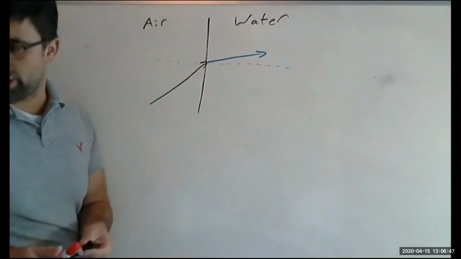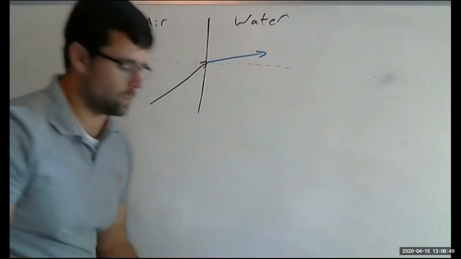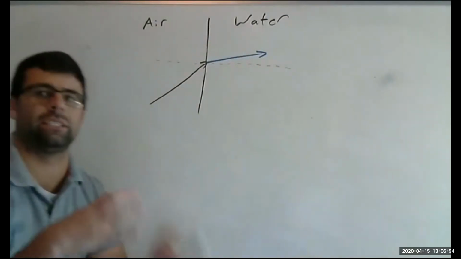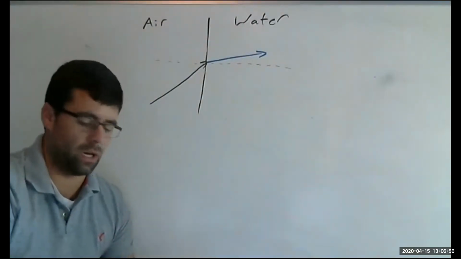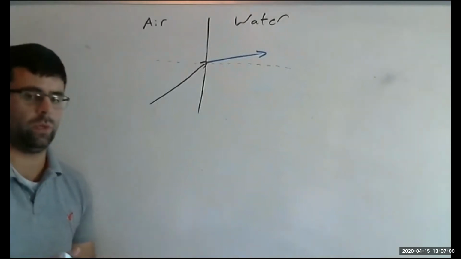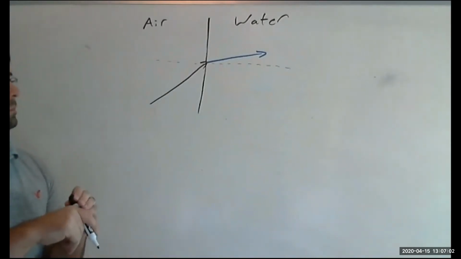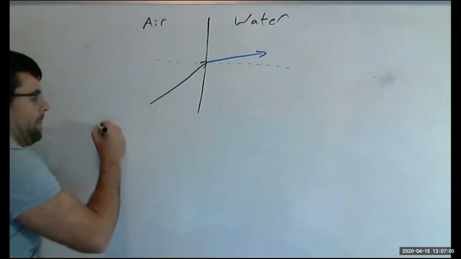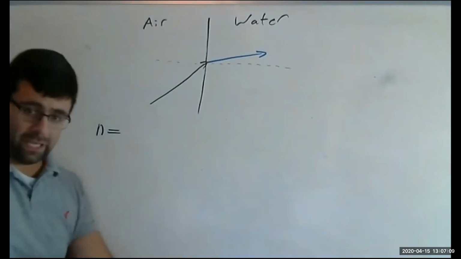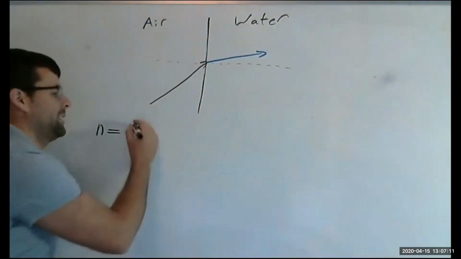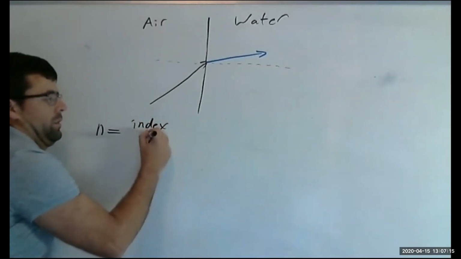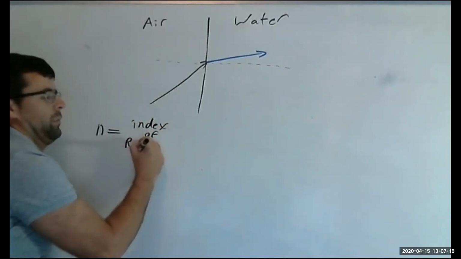So we come up with this idea that encapsulates this speed difference into a single number. We call this number n the index of refraction.